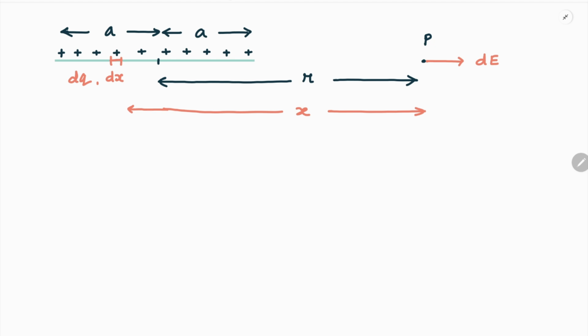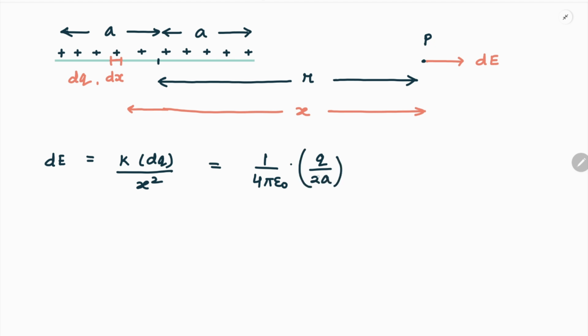So if we write the expression for dE, dE can be written as k dq by x square. If we substitute the value, we have 1 upon 4 pi epsilon naught, and dq can be written as q upon 2a multiplied by dx upon x square. So this is the expression which we have, and we integrate it.